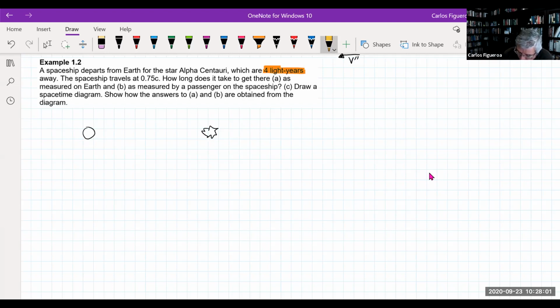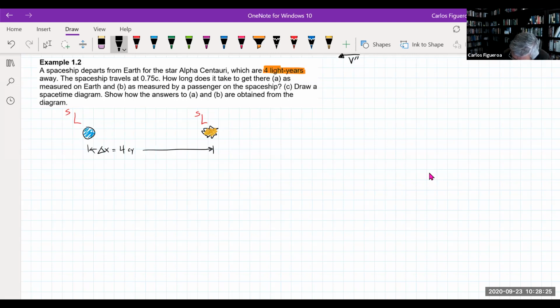So these two are in the same frame of reference, and an observer at both would always say that this one is 4 light years away.